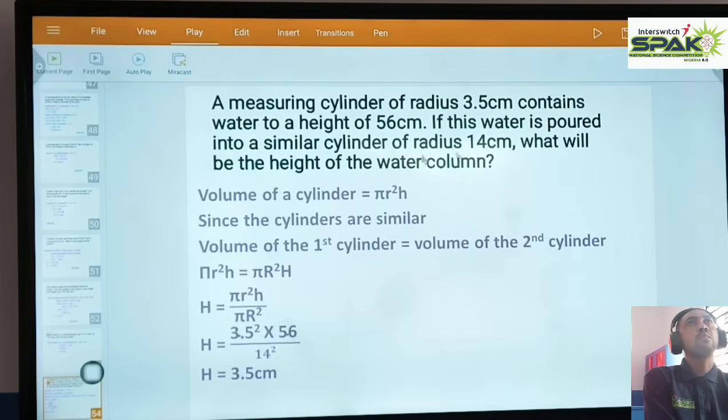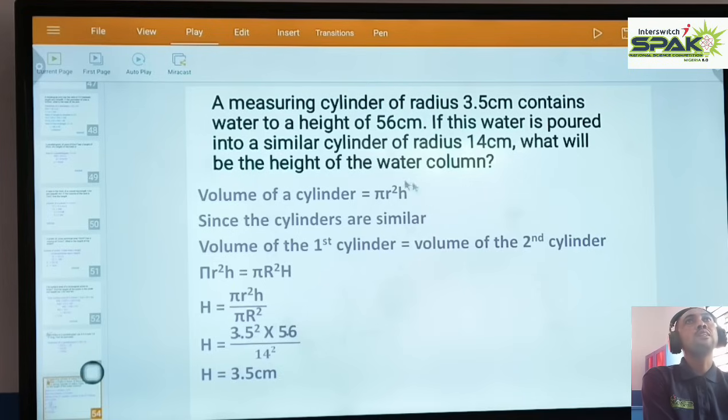Since you are pouring water from the first cylinder into the second cylinder, it means that the volume of water in the first cylinder is the same volume of water we are going to have in the second cylinder. So that's why we have it here, that the volume of the first cylinder is equal to the volume of the second cylinder, but of different radius and height.